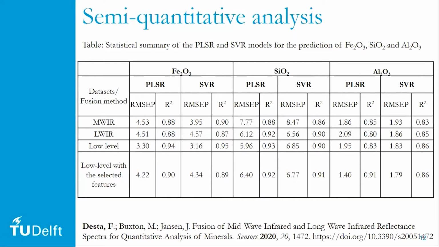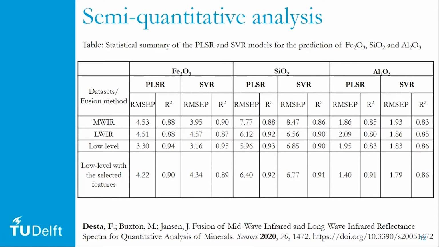This table shows the results of the mid-wave, long-wave, and low-level with selected feature data blocks. As the experimental results show, the mid-wave and long-wave infrared data sets include relevant information that can be employed in determining mineral concentrations.